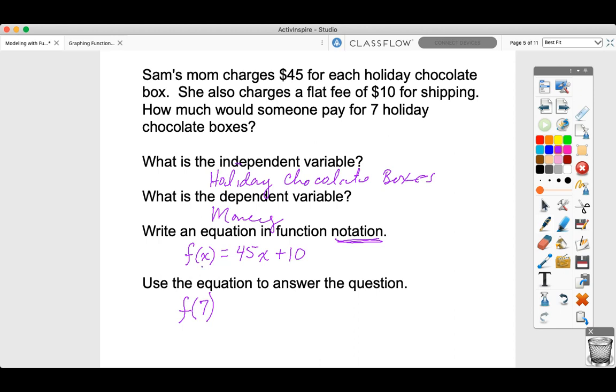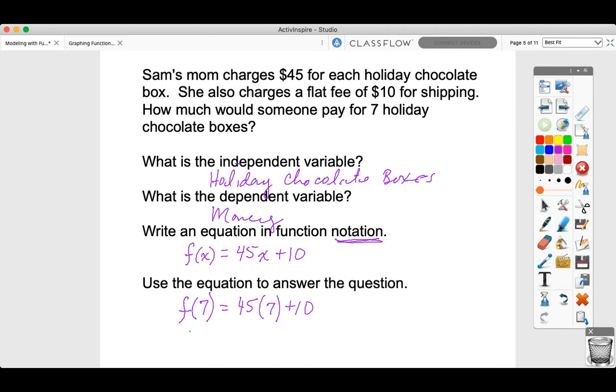We want to multiply by 45 and then add 10 to 7. So everywhere you see an x, you are now going to put a 7. So this is 45 times 7 plus 10. We're substituting 7 for x everywhere in the equation.